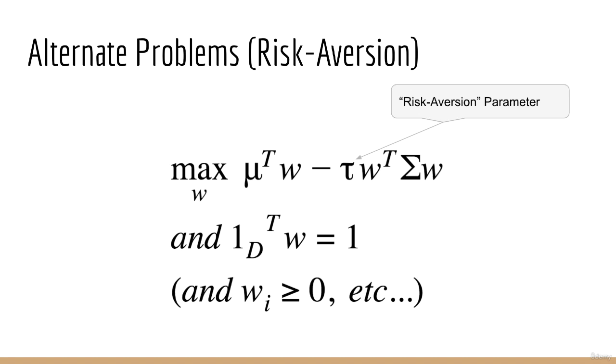Tau is called the risk aversion parameter, and of course this allows you to specify how important the variance is relative to the return. Of course, tau must be positive so that your penalty is positive. As usual, the weights must sum to 1, and you can have additional constraints on the weights. Note that because the objective is quadratic and the constraints are linear, this is another instance of a quadratic program.